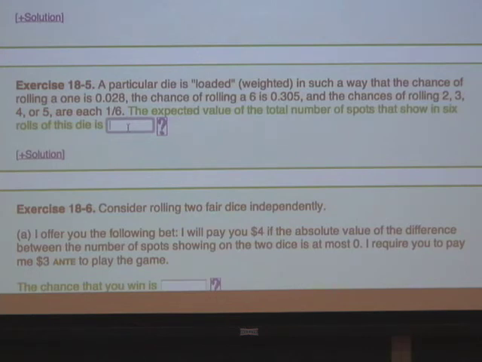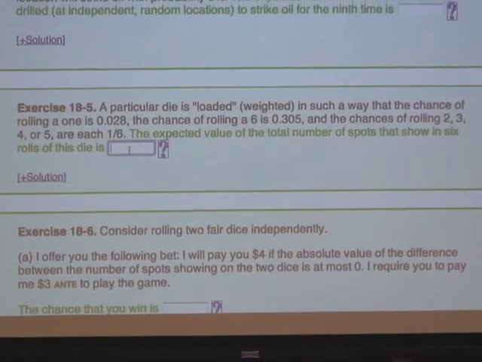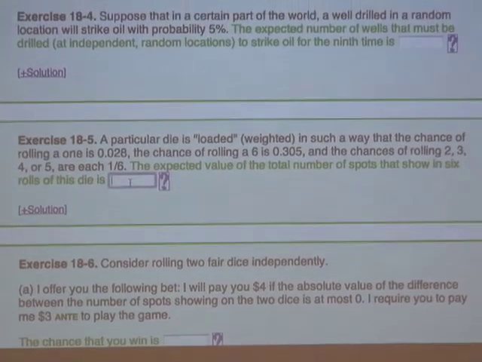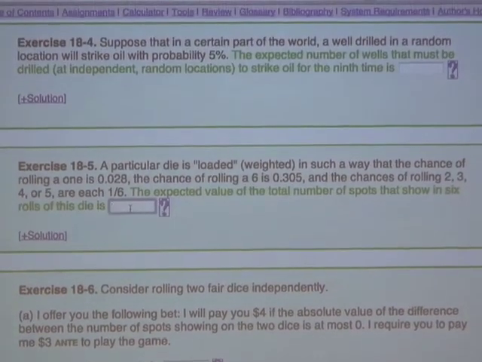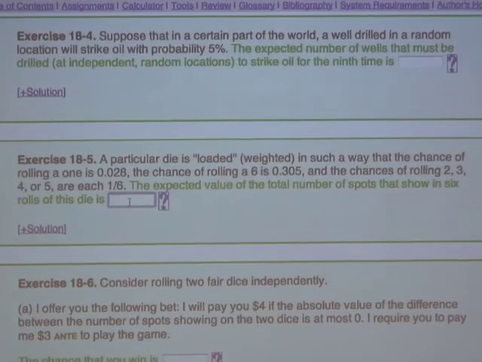So we can think of each roll as giving us a random number of spots, right? And the total number of spots we see in 6 rolls is the sum of 6 random variables that all have the same distribution, right? Each time you roll it, you get a new number.